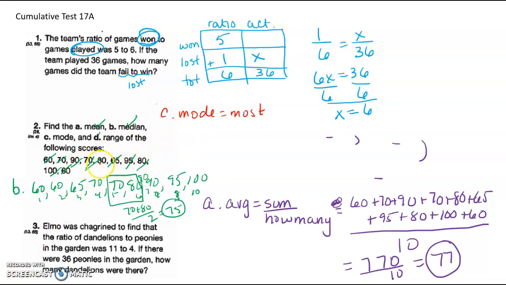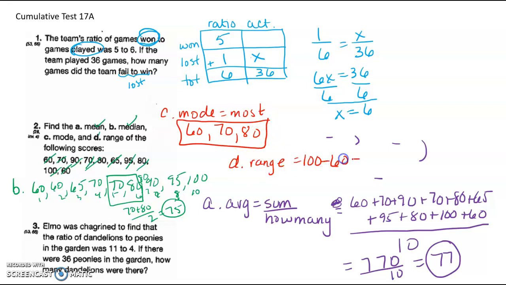Let's see, we have two 60s, two 70s, and two 80s. So your mode is going to be all three of these numbers. Okay? And then the last one is the range, which is the largest minus the smallest. And our range is going to be 40. So that's how you do number 2.